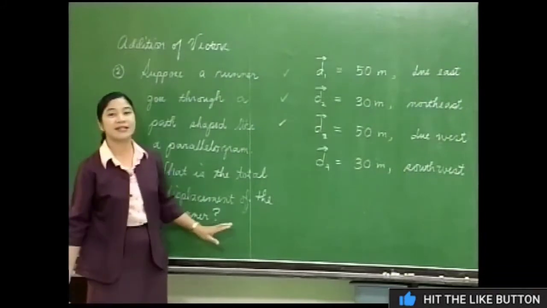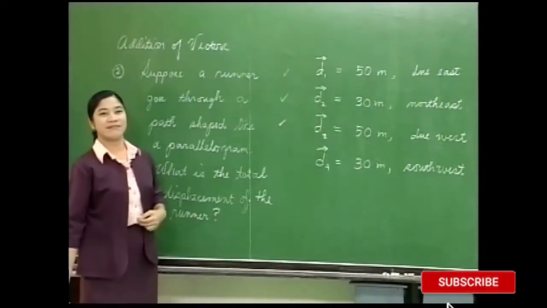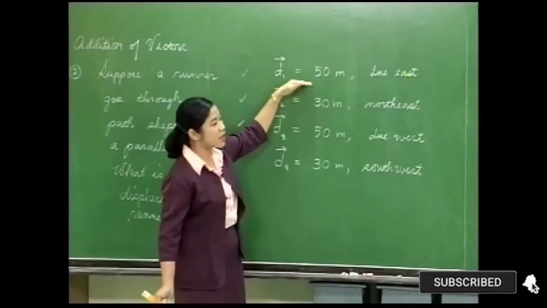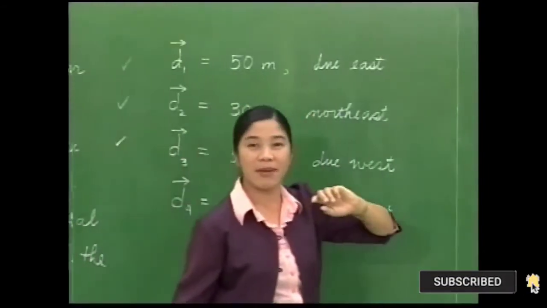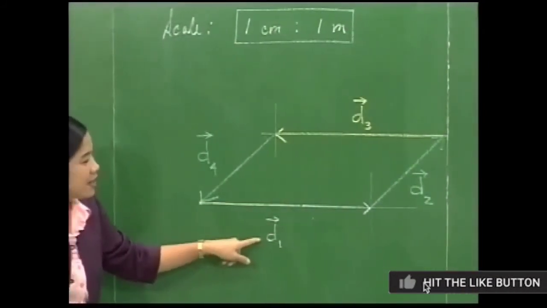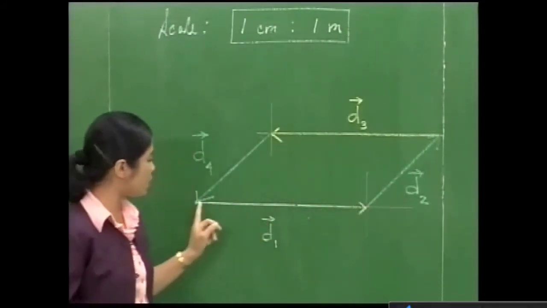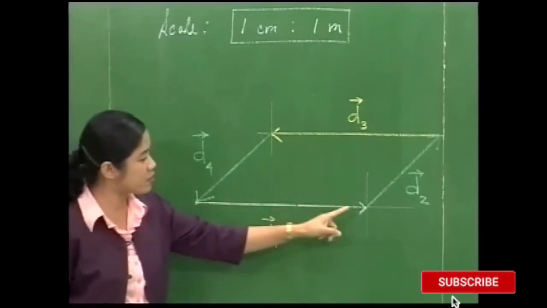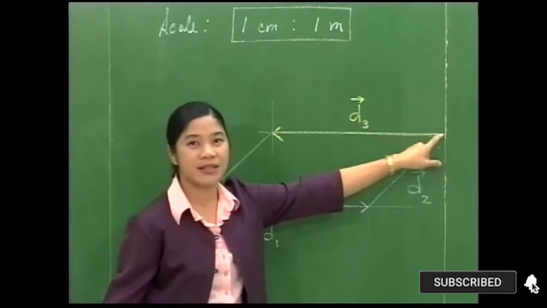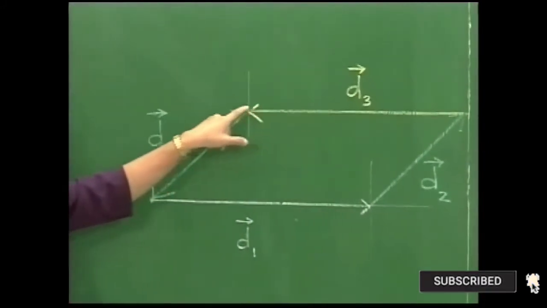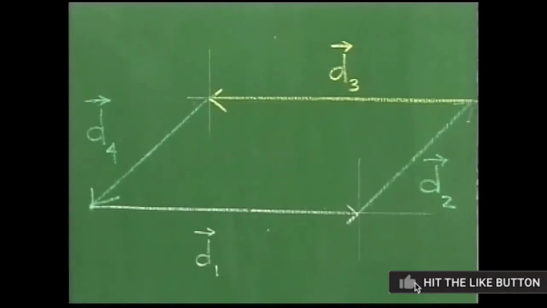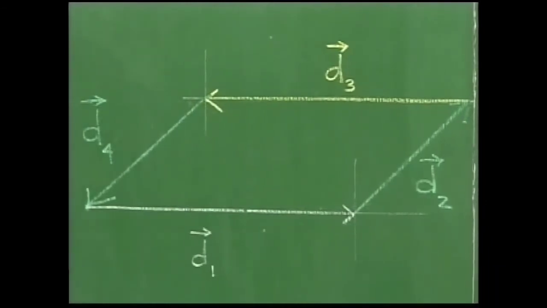What is the total displacement of the runner? As you see, I gave you the values here. We simply followed the tail to tip method. First vector, D1. Then I add D2, so the runner goes from this point to this point. Then from this point to this point, then westward, and finally southwest. What is the total displacement of the runner?